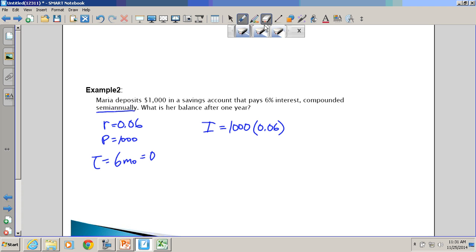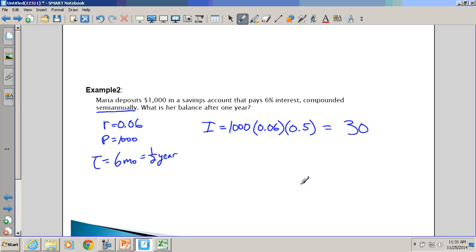I like to use fractions. You can do 0.5, but don't be afraid of fractions. 1/2 of a year, right? 6 over 12 is 1/2, or 6 months is half a year. So now this is going to be times 0.5, which gives me $30.